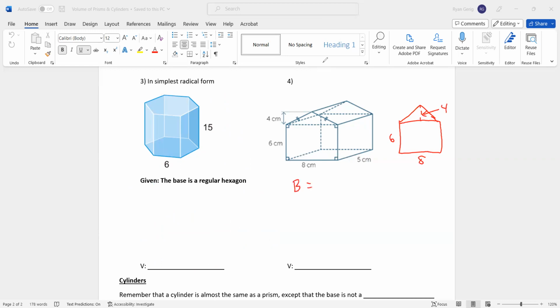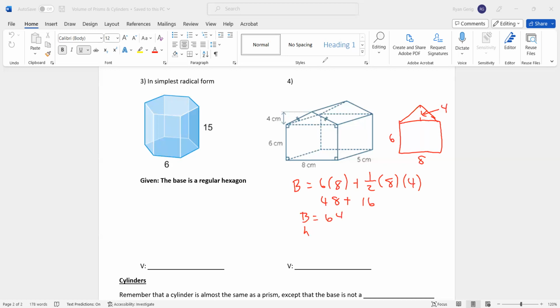So it's the rectangle, which is 6 times 8, plus the triangle, which is 1/2. The base is 8, and the height is 4. So the area of the base is actually not too difficult to figure out here. 8 times 4 is 32. Half of that is 16. So the area of the base is 64.